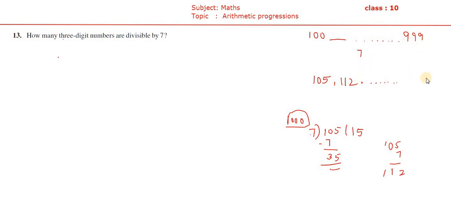Then which number is possible? We'll check with 995.